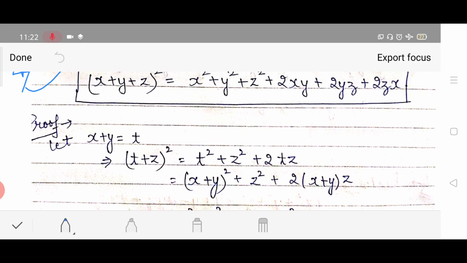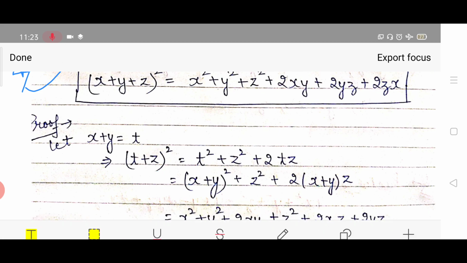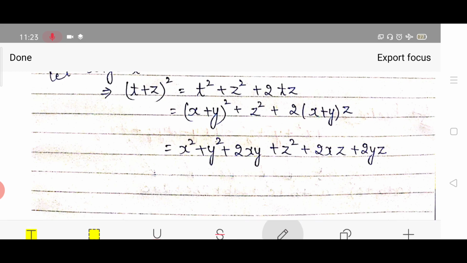What we have done, we have equated x plus y is equal to t. So what we are left with here is (t + z) whole square. So (t + z) whole square is t square plus z square plus 2tz. Now in the next step, we have again replaced the value of t as x plus y.